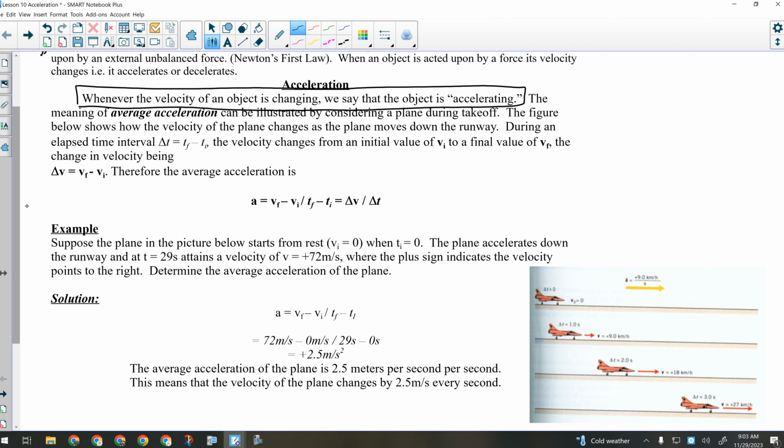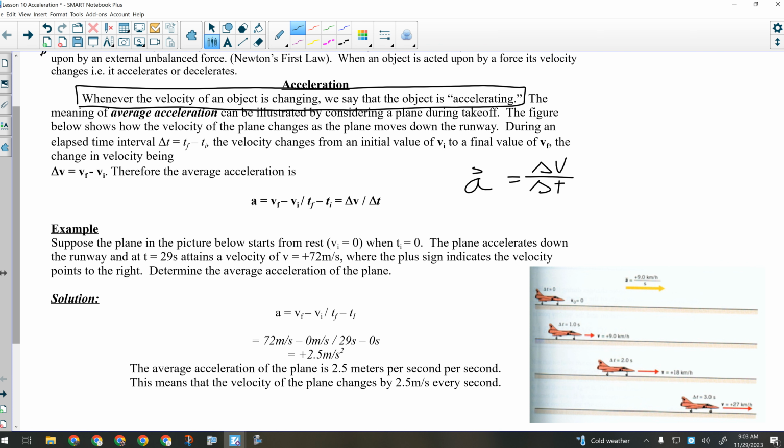So the formula that we're going to use is on your formula sheet. I think it's written on your formula sheet like this: acceleration is delta V over delta T. So we've got to talk about delta, the triangle. Delta is the Greek letter D. In math and physics, it stands for change.